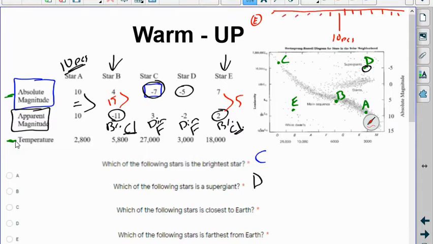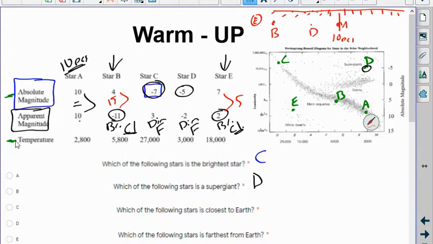If I look at star B, it is closer, and I would go 15 of these little tick marks in. So star B would be here, and then star E would be 5 of those tick marks in, so there. Okay, and then if I were to continue, which I'll do really quickly because I already started, star A would be on that line.